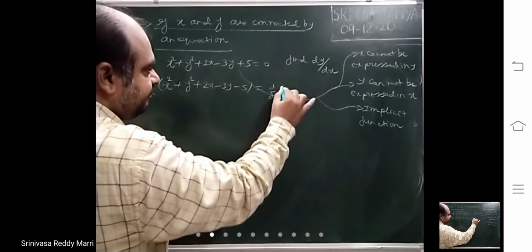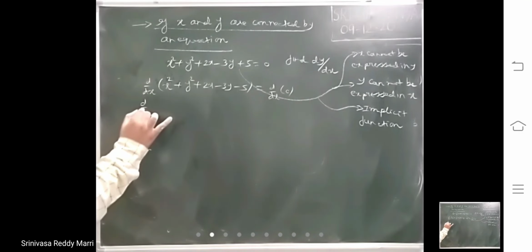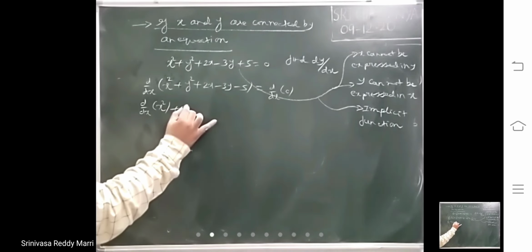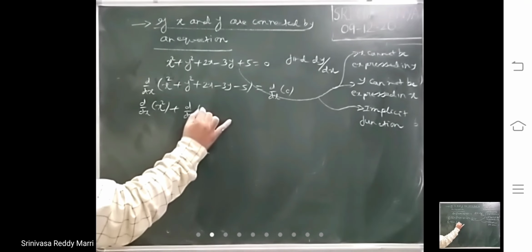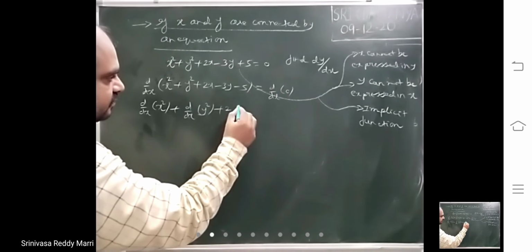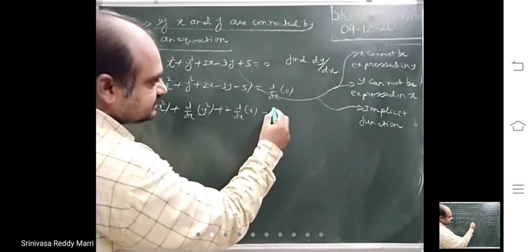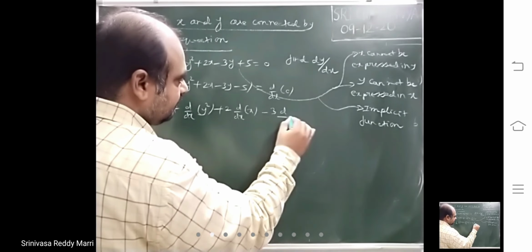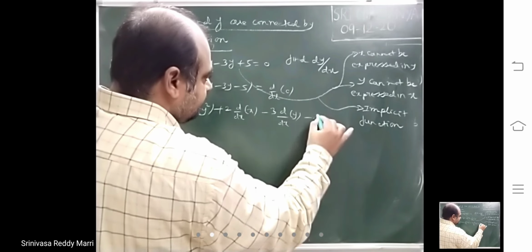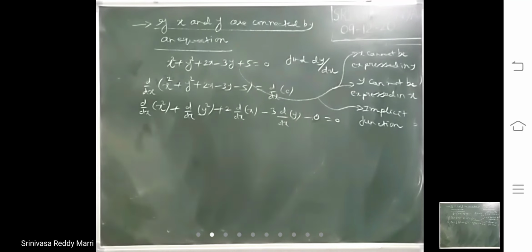For every term: d by dx of x square, d by dx of y square, 2 constant, d by dx of x minus 3 constant, d by dx of y minus constant is 0, equal to 0.